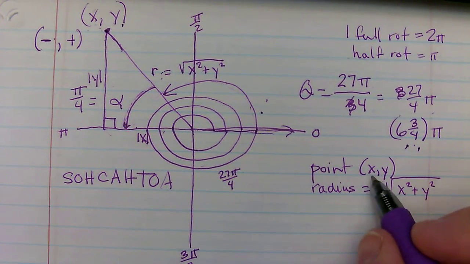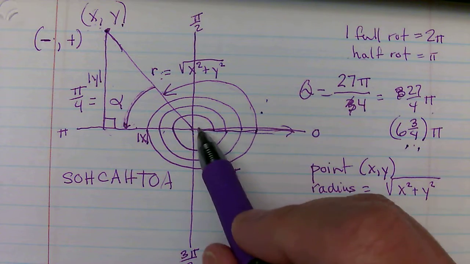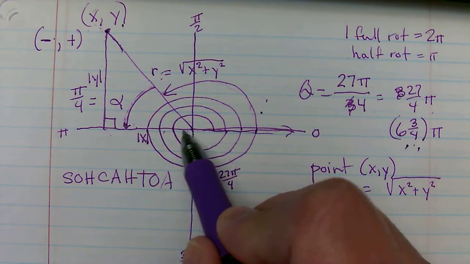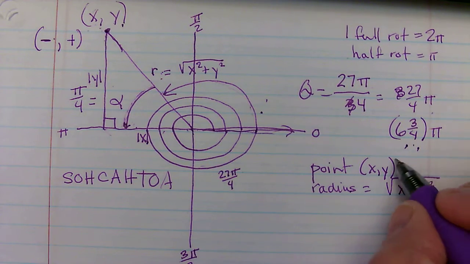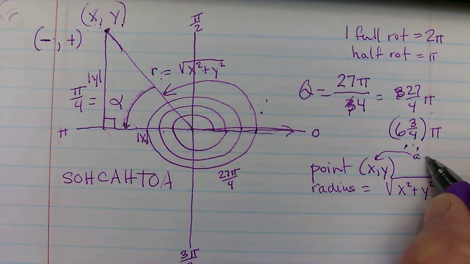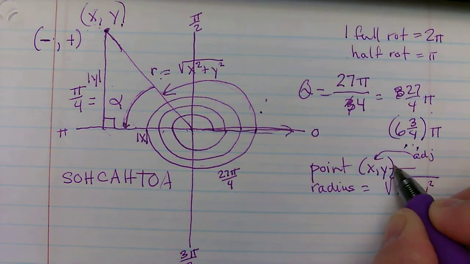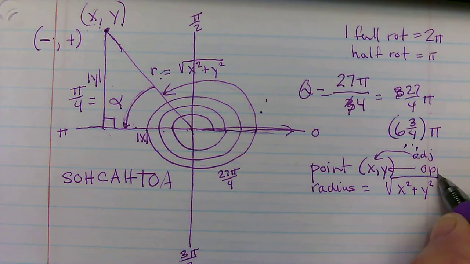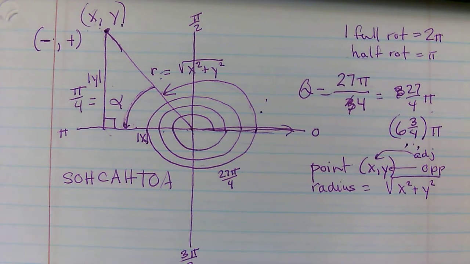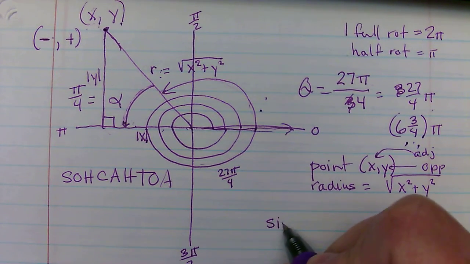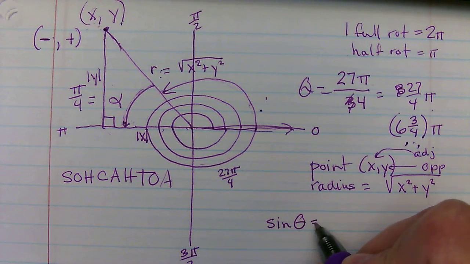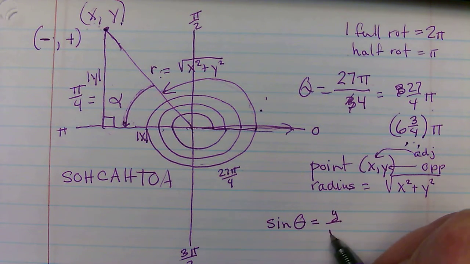And since we're looking at it, since our angle is always centered at the origin and uses the x-axis as one of its sides, the x is always going to be the adjacent side, and the y is always going to be the opposite side if you're relating it to our trig ratios. So the sine of an angle is y over r.